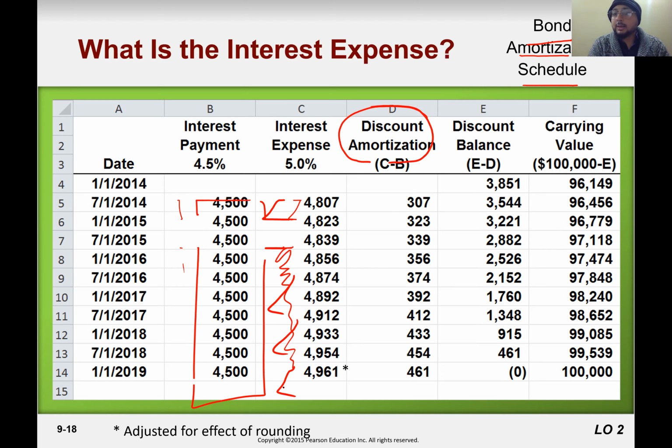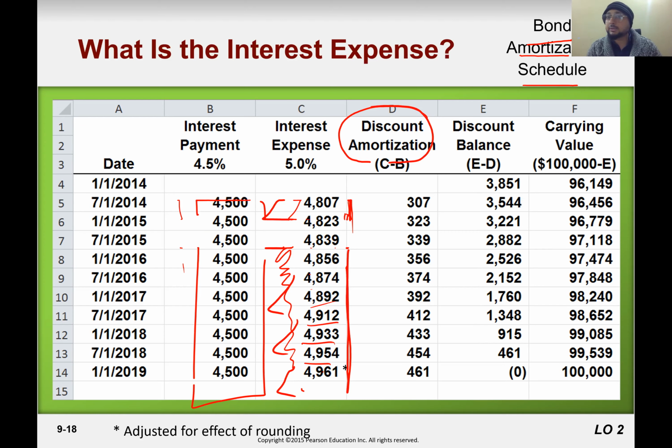Plus, as the years pass and the maturity date nears, interest expense keeps increasing: 480, 482, 483, 485, 487, 489, 491, 493, 495, and 496, right?